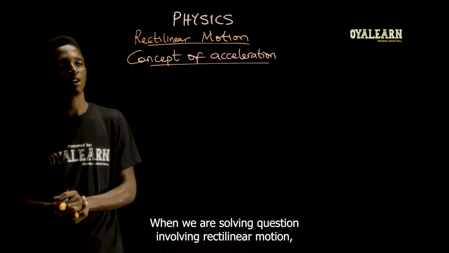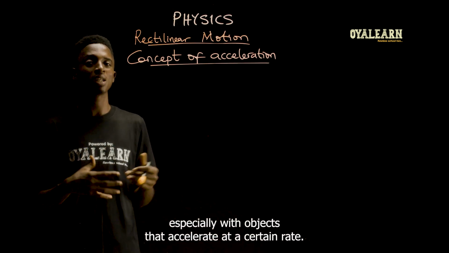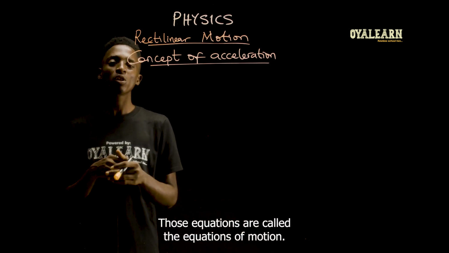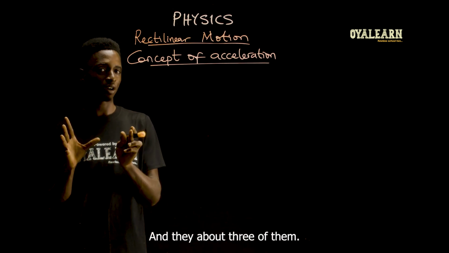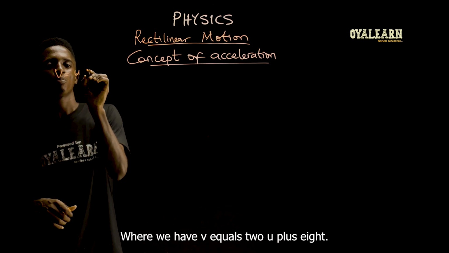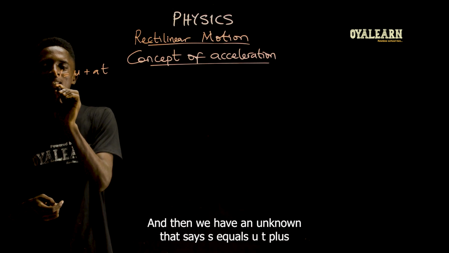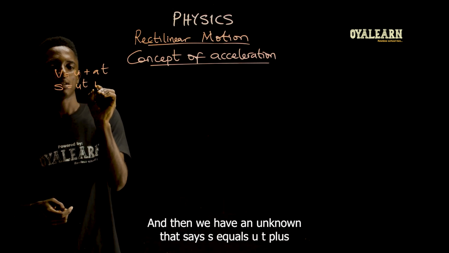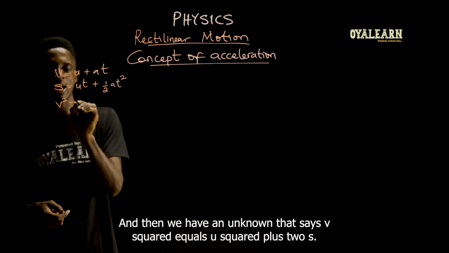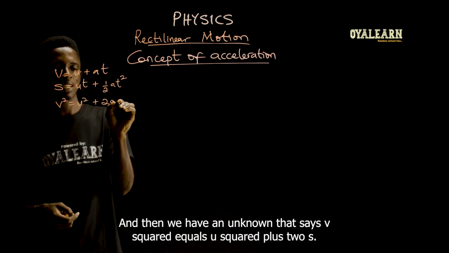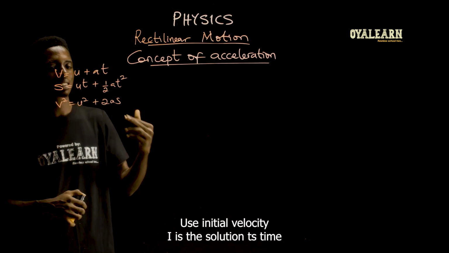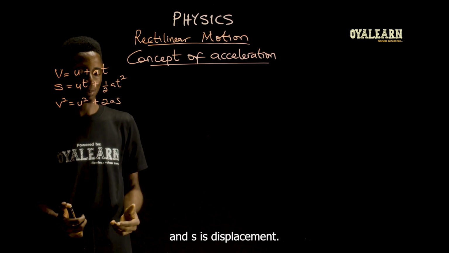When we are solving questions involving rectilinear motion, especially with objects that accelerate at a certain rate, there are some equations we use. Now those equations are called the equations of motion, and there are about 3 of them. Now you might be familiar with them, where we have v equals u plus at, and then we have another one that says s equals ut plus half at squared, and then we have another one that says v squared equals u squared plus 2as, where v is final velocity, u is initial velocity, a is acceleration, t is time, and s is displacement.